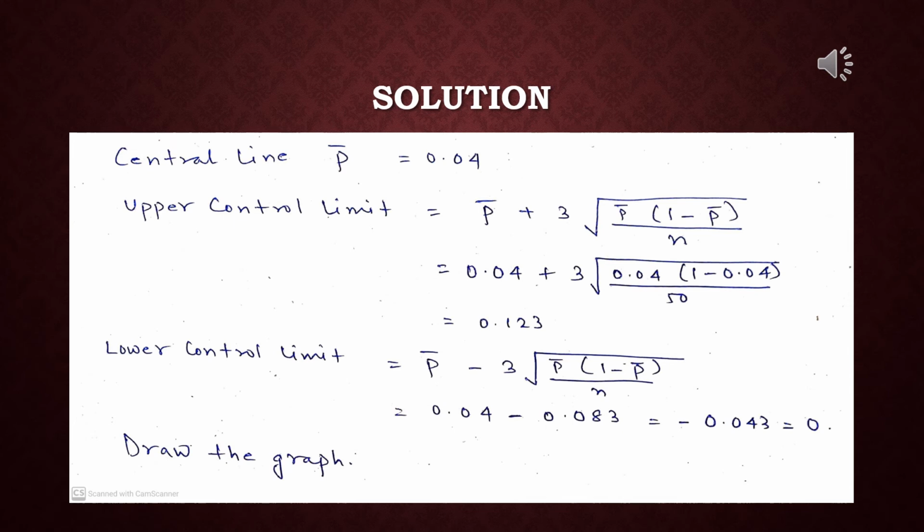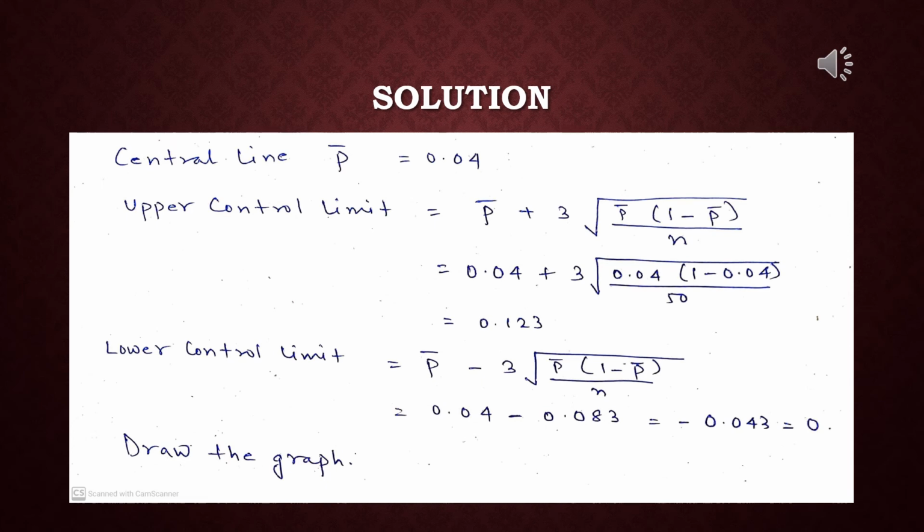One more important point here. You can see the lower control limit has been calculated to be negative 0.043 here. Students, just remember one thing: no limit is there beyond 0. You cannot draw a graph, or any error cannot be calculated or shown in a graphical method at negative. Since any tangible error cannot be beyond 0, this is not only for the P chart, this is applicable for all the charts.